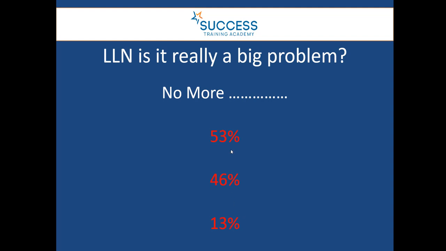Essentially, in the report, they found back in 2011 that 53% of people in Australia have challenges with numeracy, i.e. they cannot perform numeracy skills to the levels required within the workplace. 46% of people in Australia have challenges with reading, to the extent that they struggle in that area within their job or work role. 13% have challenges with writing. When we look at these numbers, it really shows us the enormity of the problem that existed in 2011, and people say that results have only got worse ever since then.